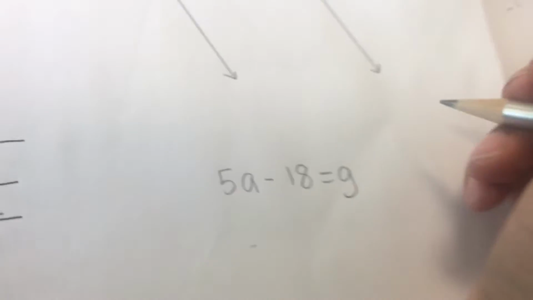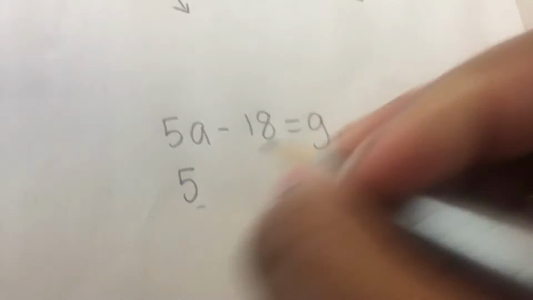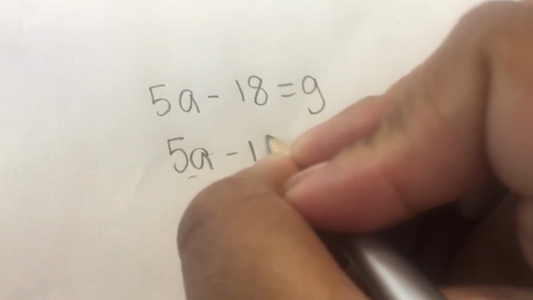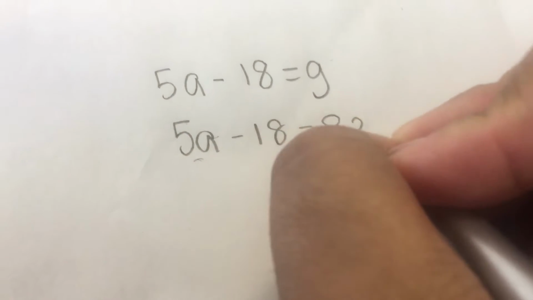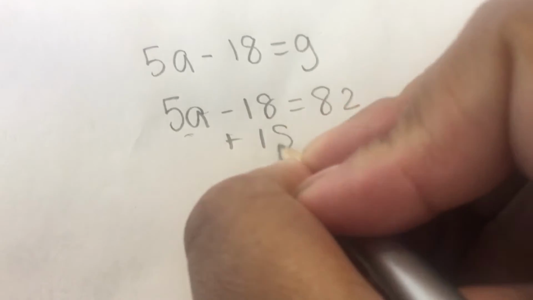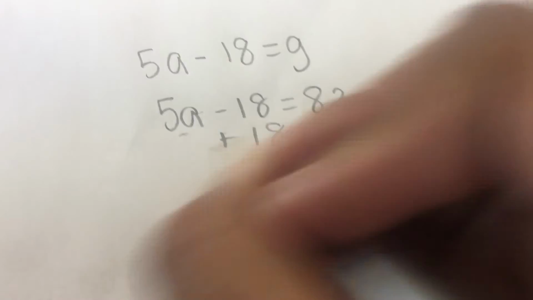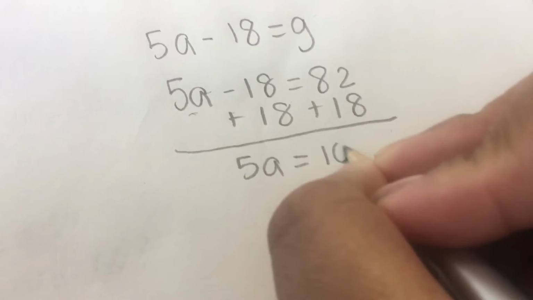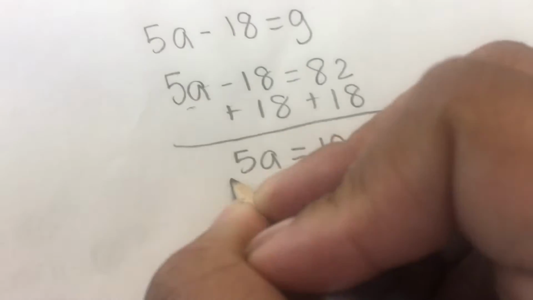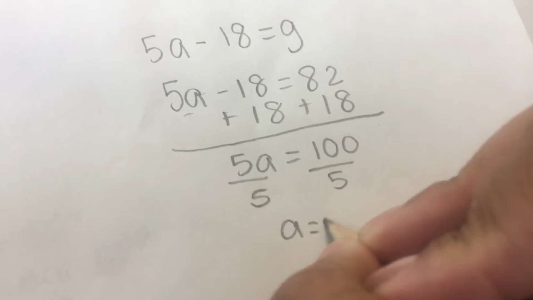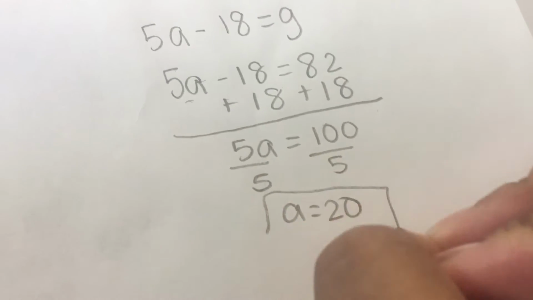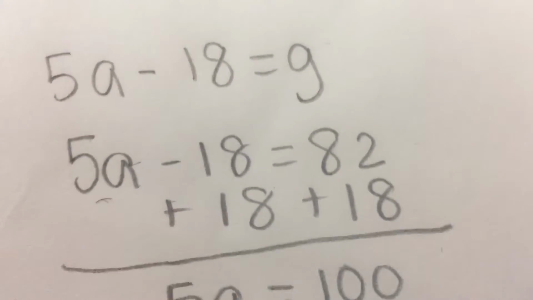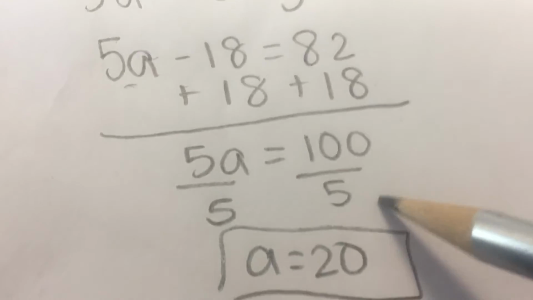I just found out that G was 82, so I'm going to replace the G with 82, and then solve by adding 18 on both sides. I find out that A equals 20. Just a simple two-step equation, and you get your value of A equals 20.